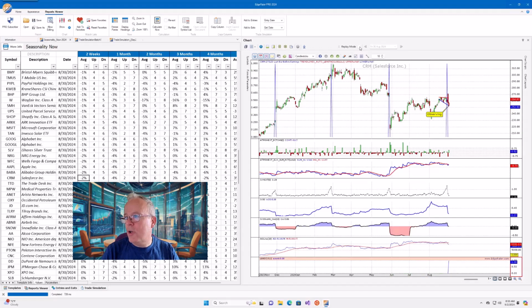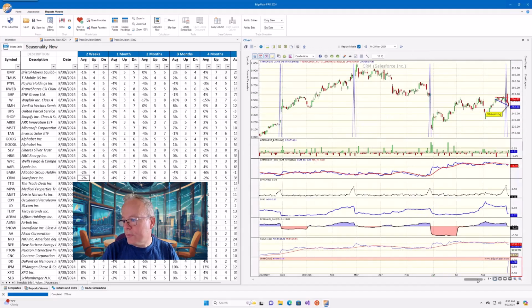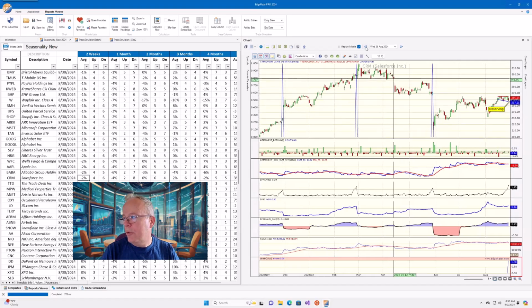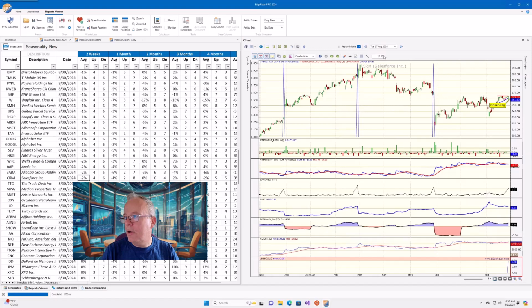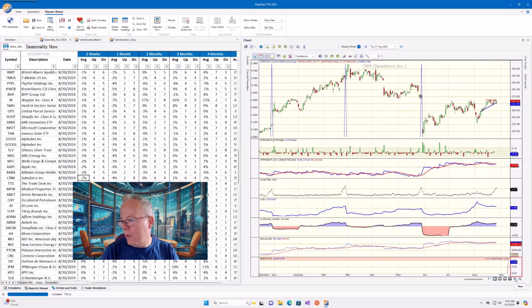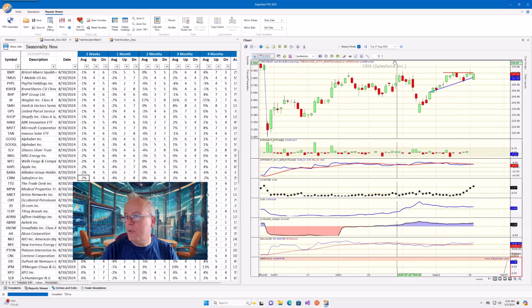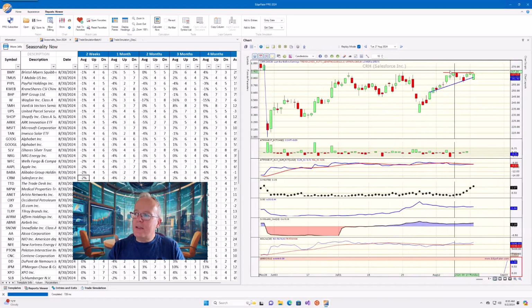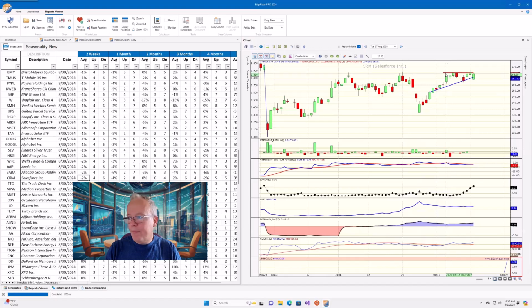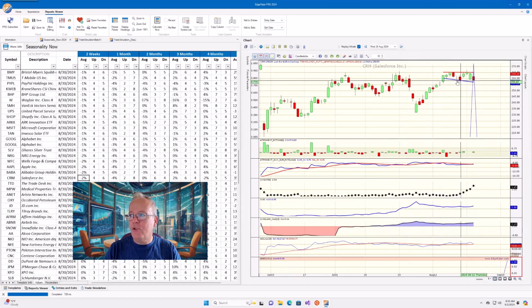Also note that the trend lines in CRM are starting to turn down. So if we go back in time before earnings on CRM, I'll zoom in a little bit. We had a flat upper trend line in CRM coming into earnings and a rising lower trend line. That was Tuesday, the 27th of August. On the 28th, the lower trend line had started to decline.